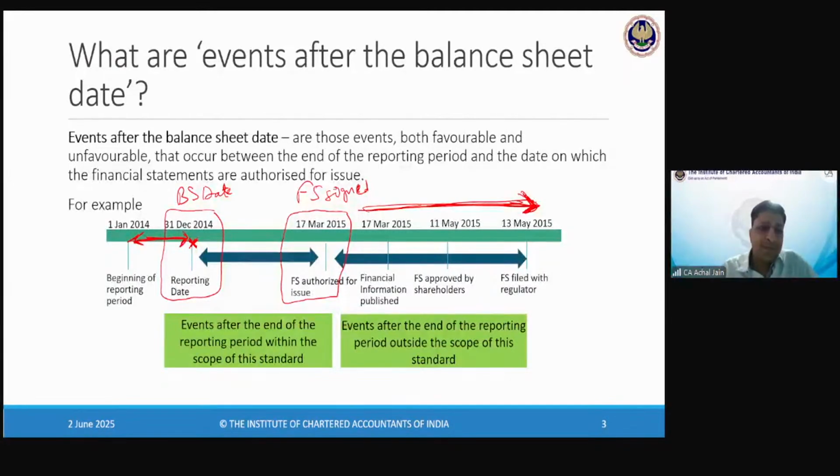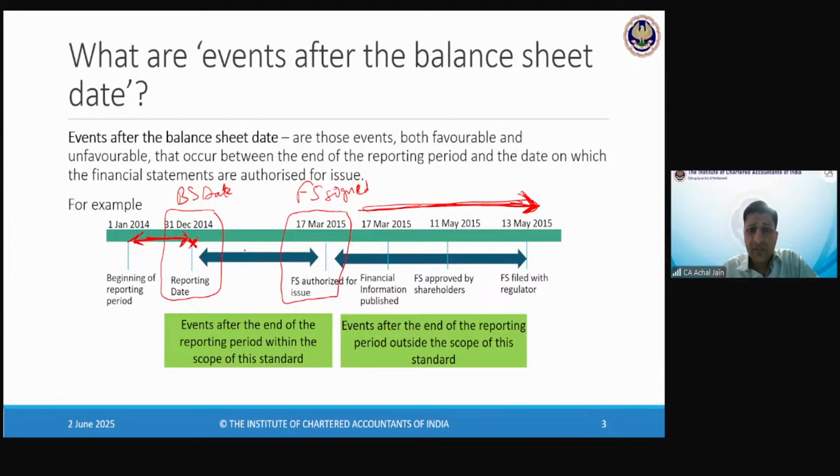Okay. Now, there are two periods we are going to look at. First, which is between this 31st December and 17th March. So what is this period? This period is the period between the balance sheet date up to the period financial statements are authorized.